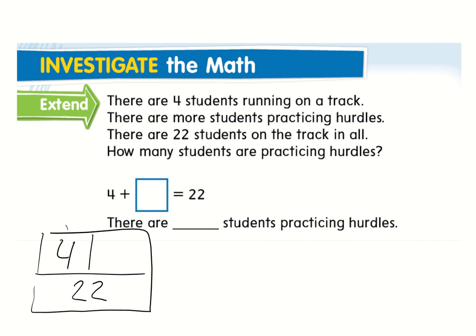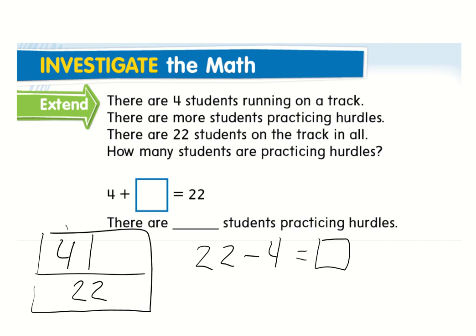When we do this for addition, we always have this one plus this one equals this one. Now, when we do subtraction, we can also do this. We can do 22 minus 4 equals this number right here, because we're almost looking like a fact family on this part.